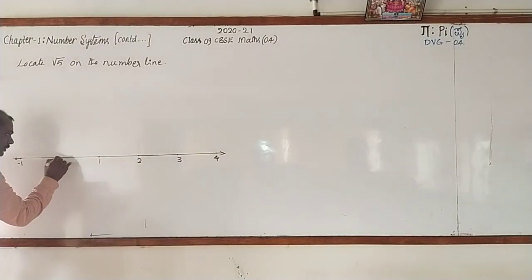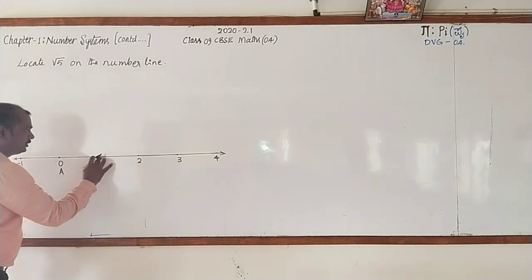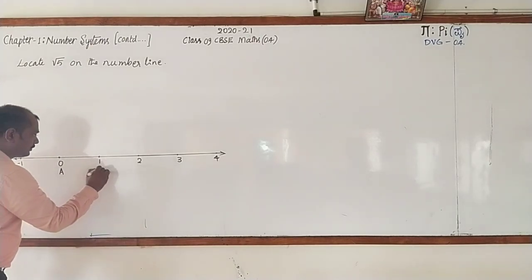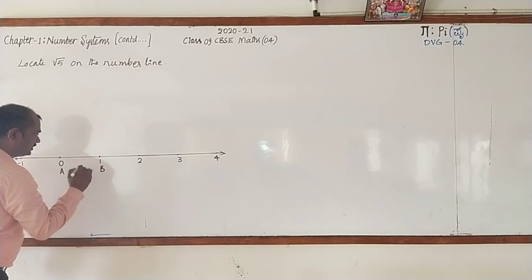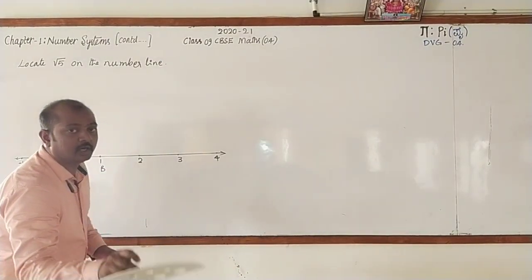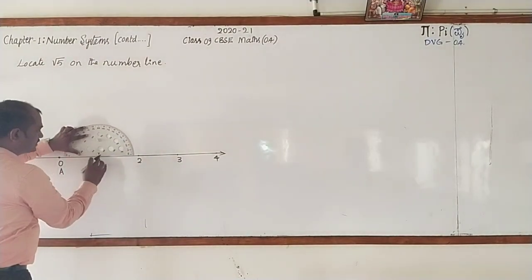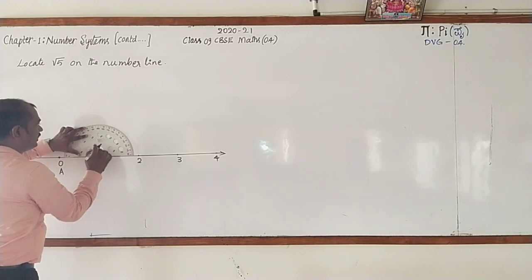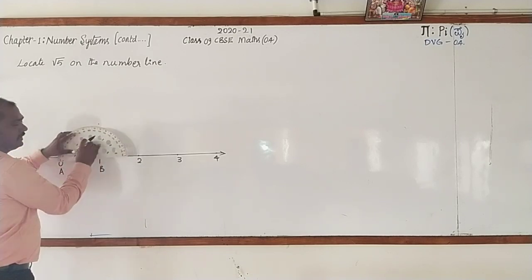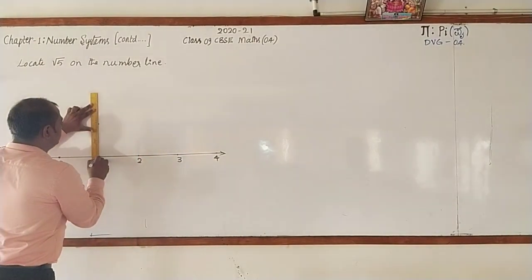Let me take the point which represents 0 as A, and another point 1, I represent this as B. Now take a protractor, place the midpoint of the protractor at B and mark against 90 degrees. Then draw a perpendicular line.